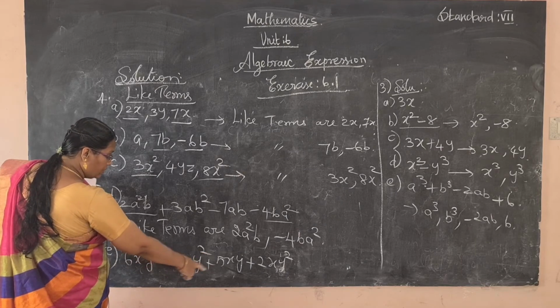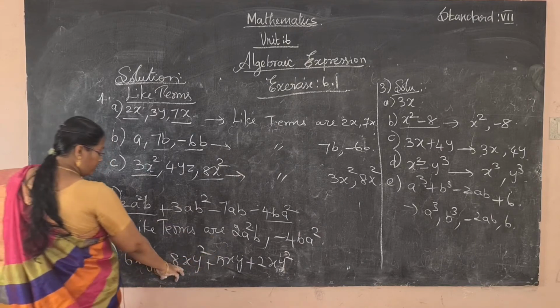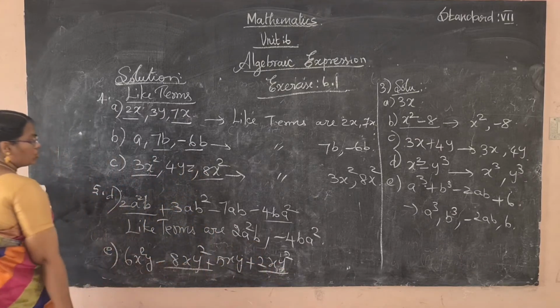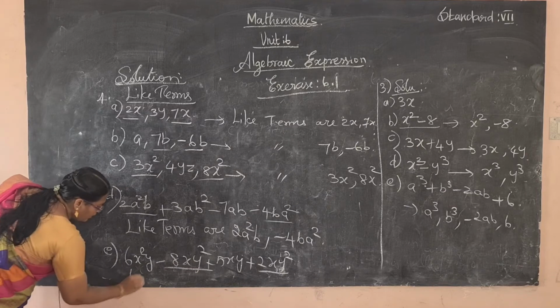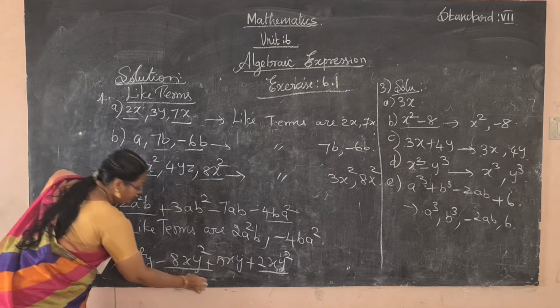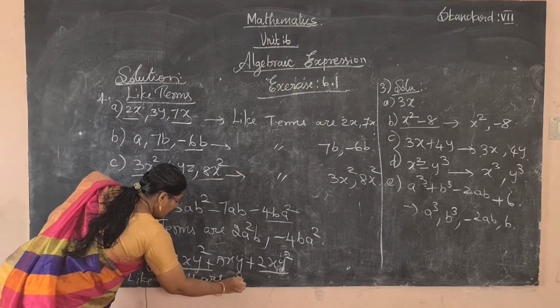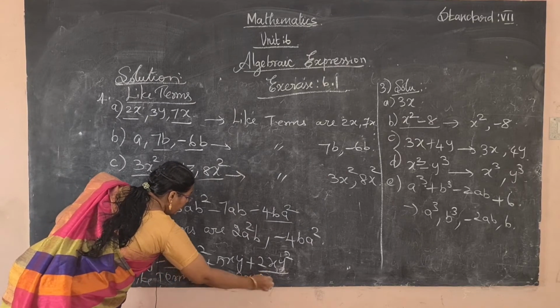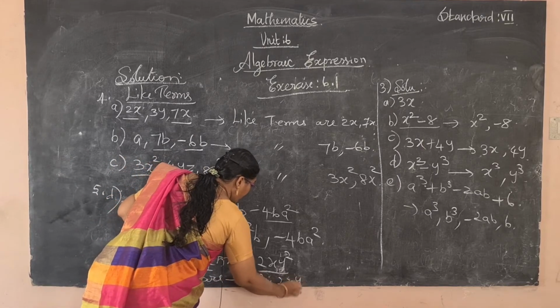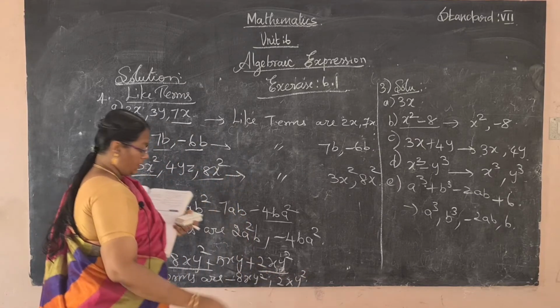Is there any other x squared y term? No. Is there an xy squared term? Yes. These two are the like terms. So the like terms are minus 8xy squared and 2xy squared. Okay.